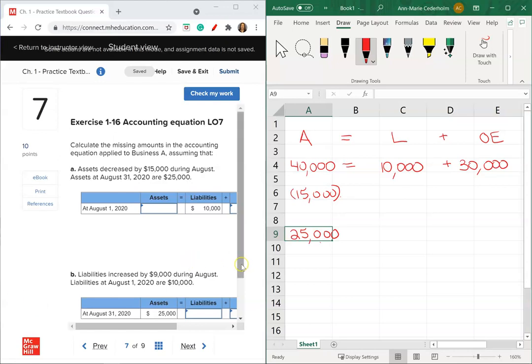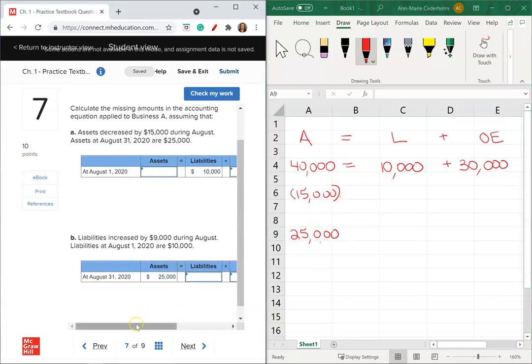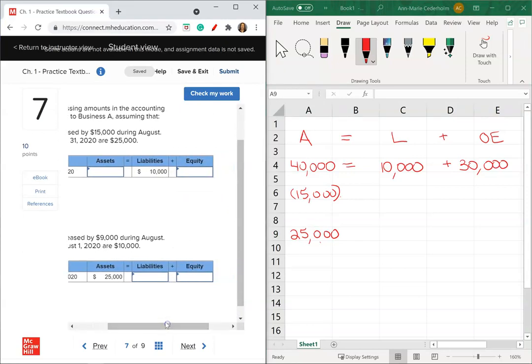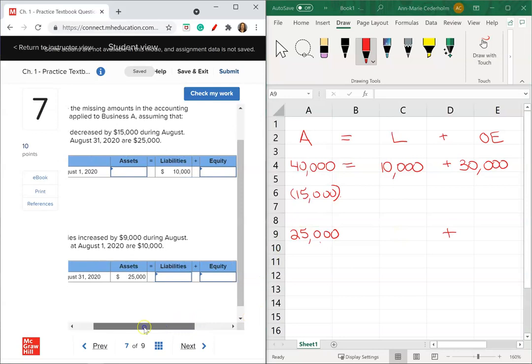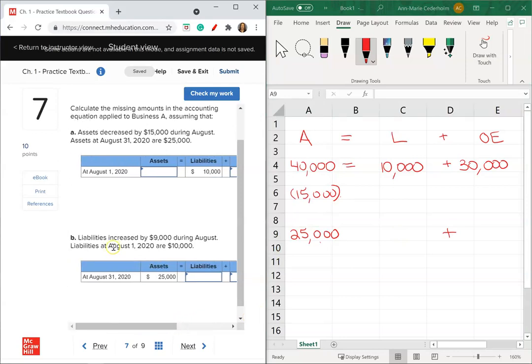And if we go to B, they tell us that the assets are $25,000. Again, I don't know what my liabilities or my owner's equity is, so I just have to read the information they give me. It said liabilities increased by $9,000 during August.